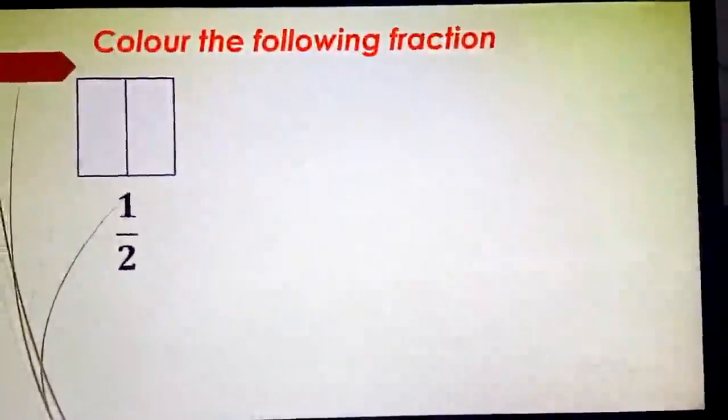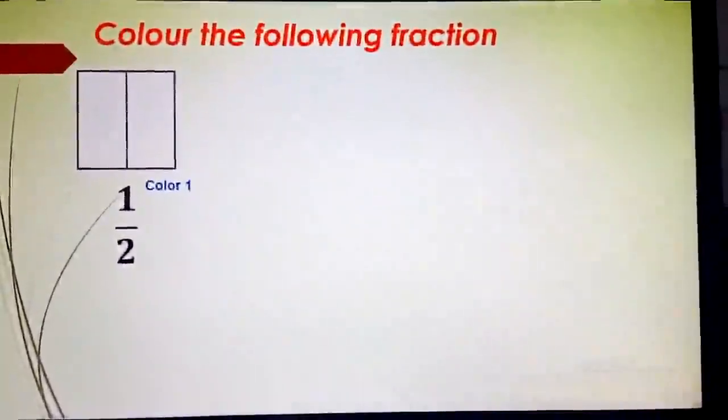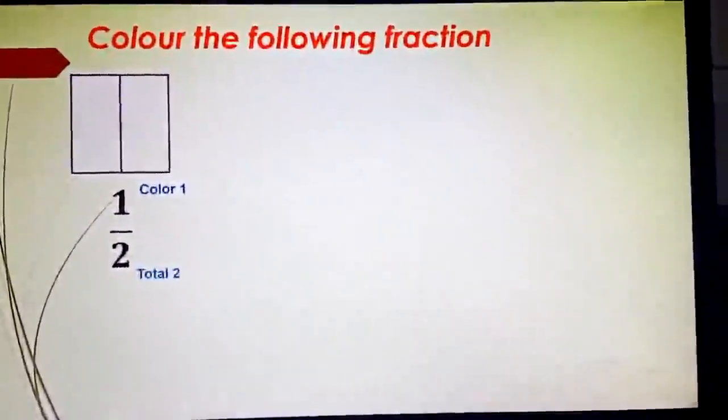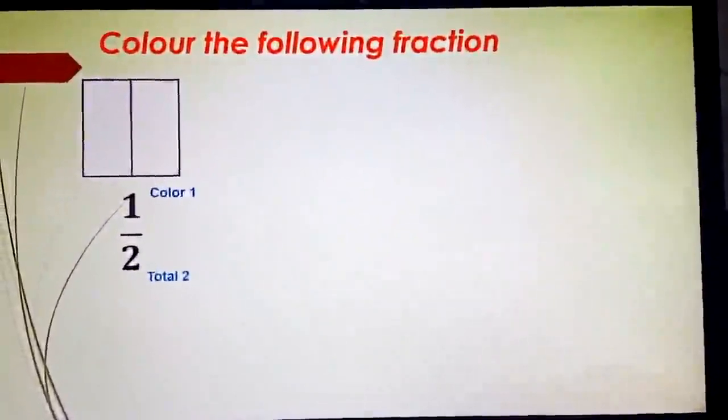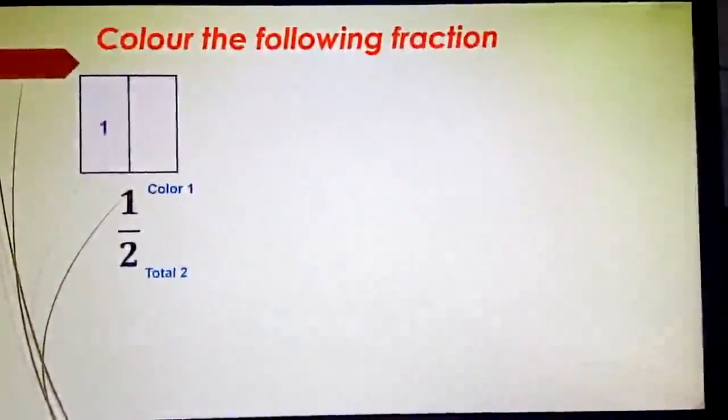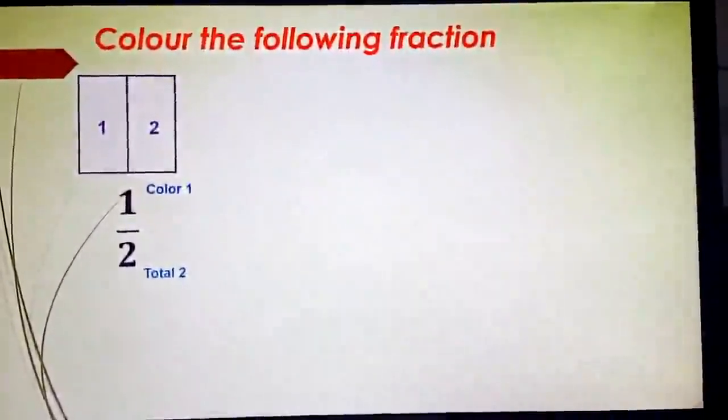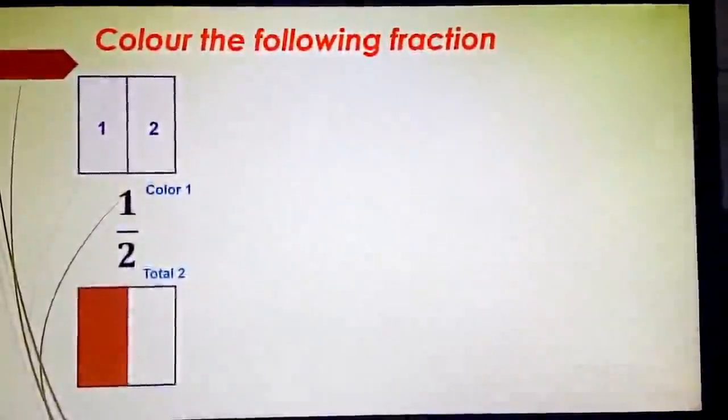So let's count 2 parts and color 1 part. Like this. 1, color 1, total 2. Let's count 1, 2, color 1. Okay.